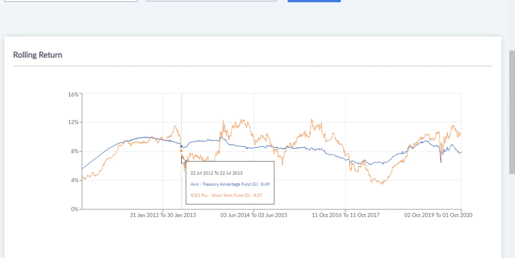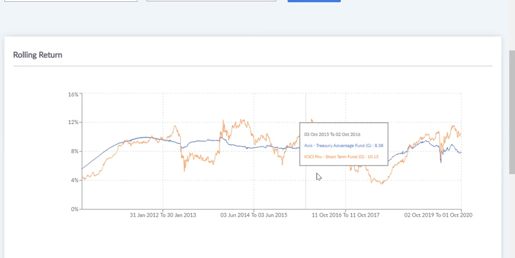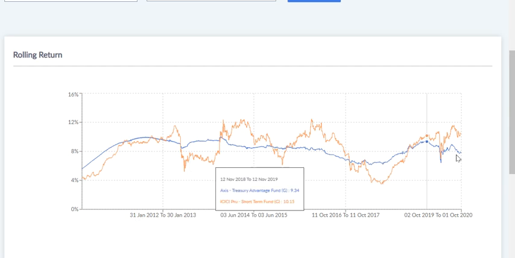So if you are investing at any point from 1/1/2010 till the last point, which will be 24 September to 23rd September, like that. So that is how the rolling returns are calculated.